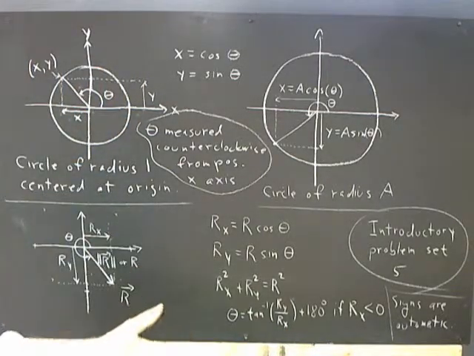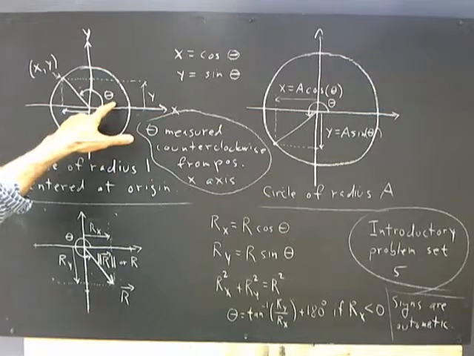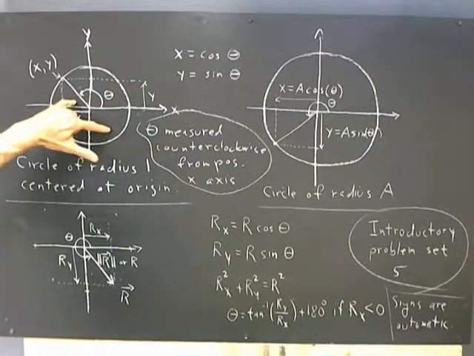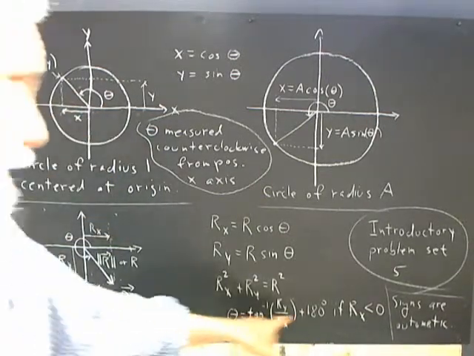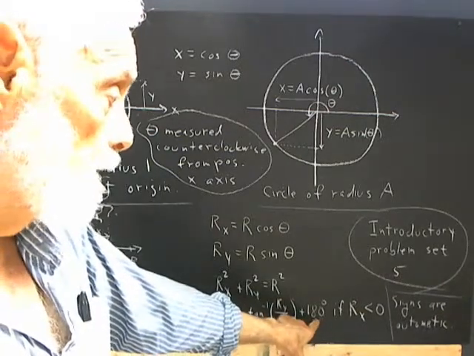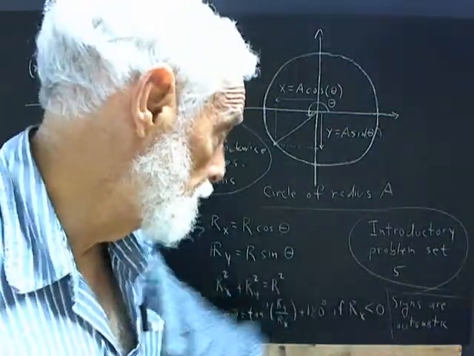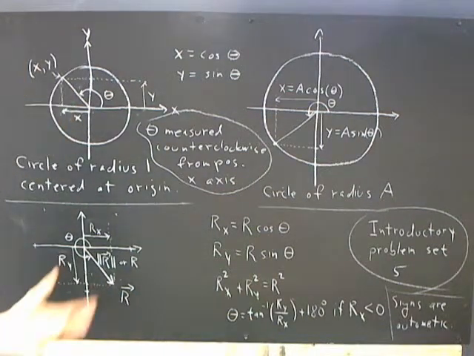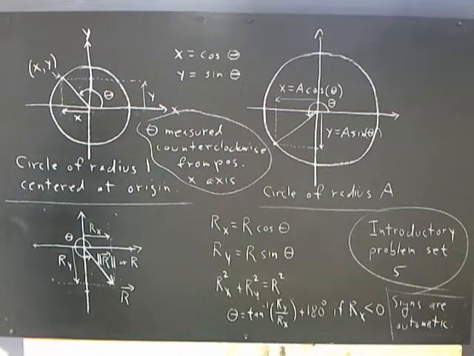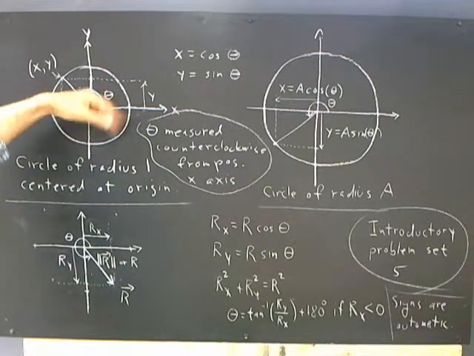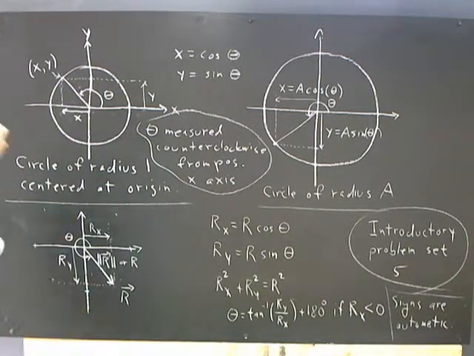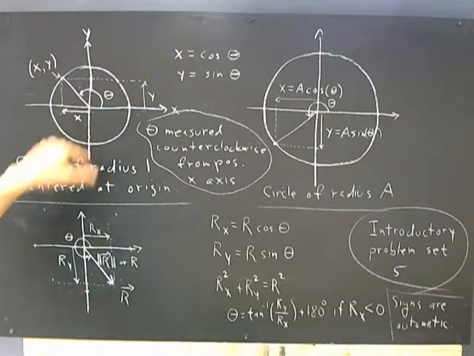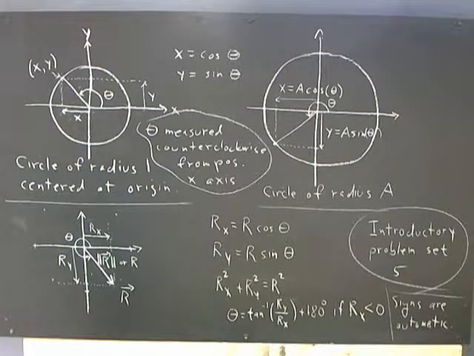But to distinguish between first and third quadrant or between second and fourth quadrant, we add to the rule that we add 180 degrees if Rx is less than 0. Now again, I could go more deeply into that. The inverse tangent is going to be between negative pi over 2 and pi over 2. So if you want an angle between here and here, you're going to have to add the 180 degrees or pi radians.